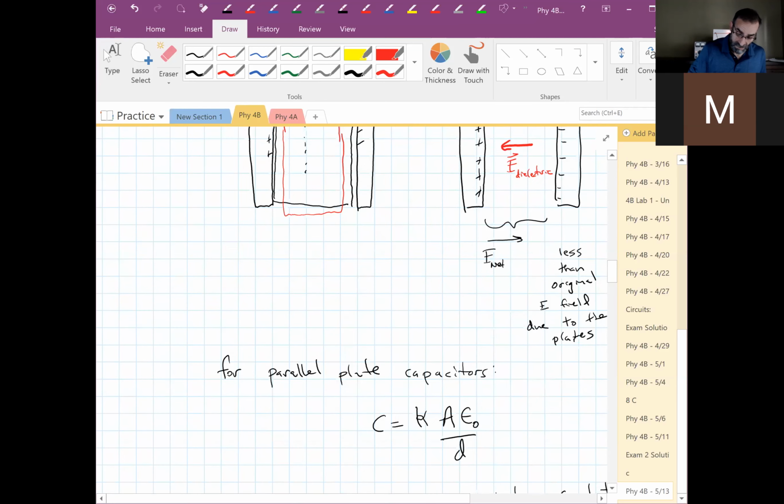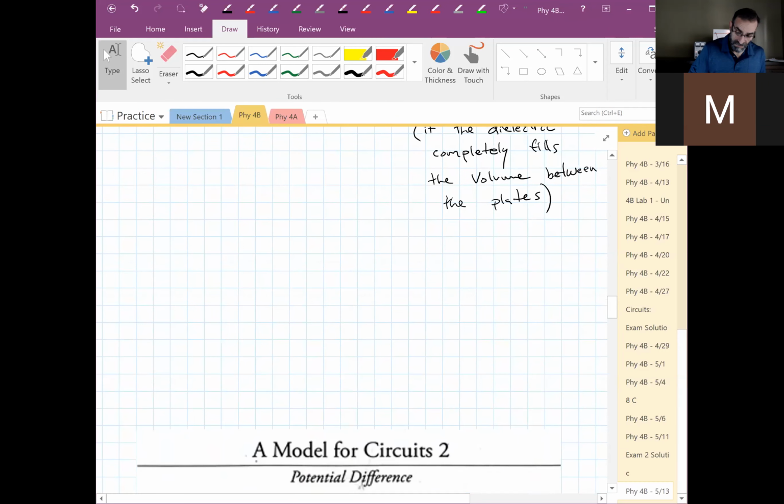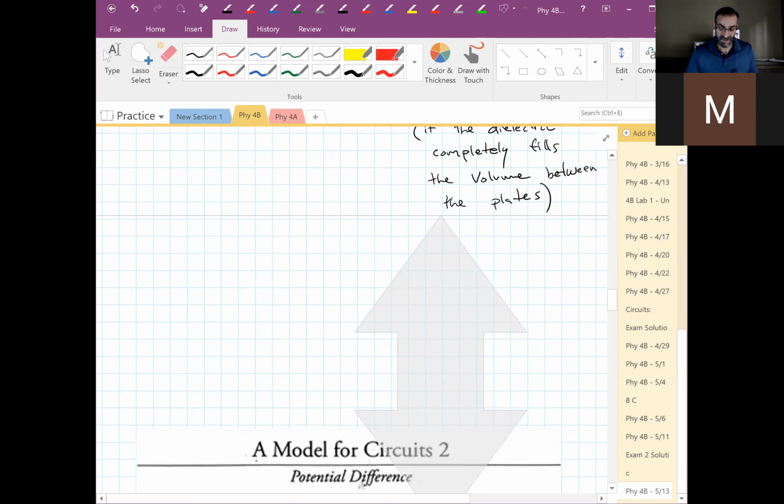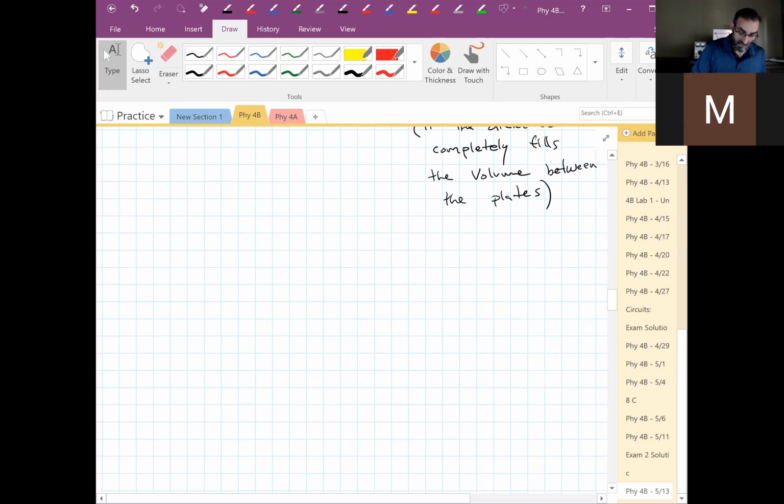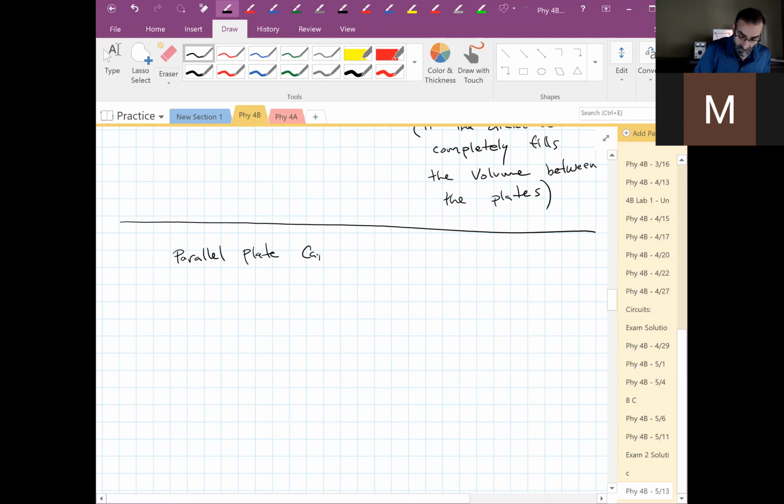Okay, so if the dielectric does not completely fill the space between the plates, we can sort of play a trick and figure out what the capacitance is. So if we have parallel plate capacitors, we know that C is kappa A epsilon naught over the spacing between the plates.